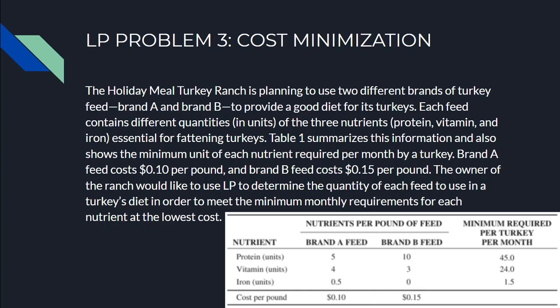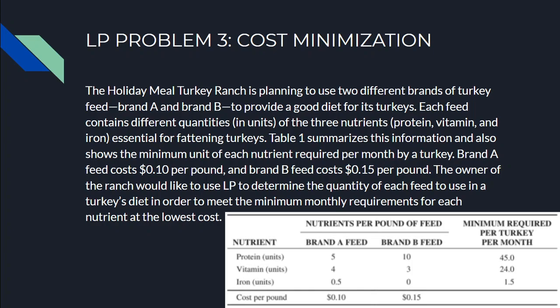So, the holiday meal turkey ranch is planning to use two different brands of turkey feed, brand A and brand B. To provide a good diet for its turkeys, each feed contains different quantities in units of the three nutrients, namely protein, vitamin, and iron, essential for fattening turkeys.